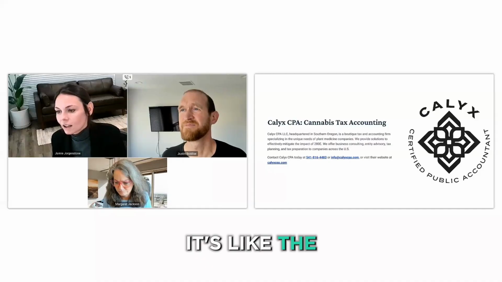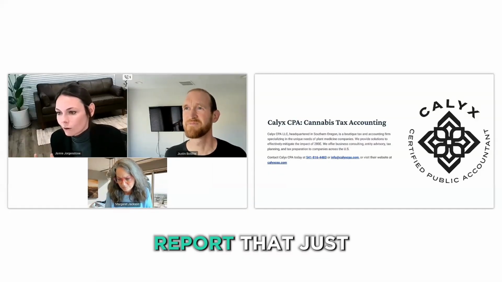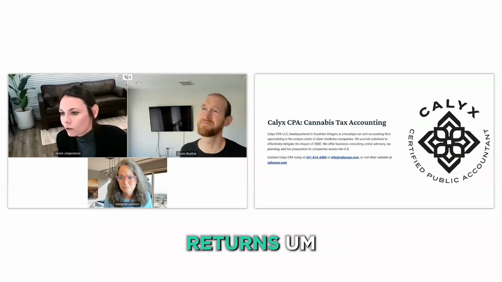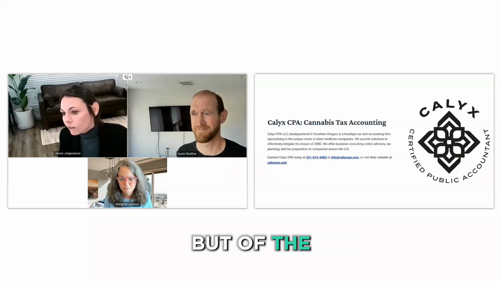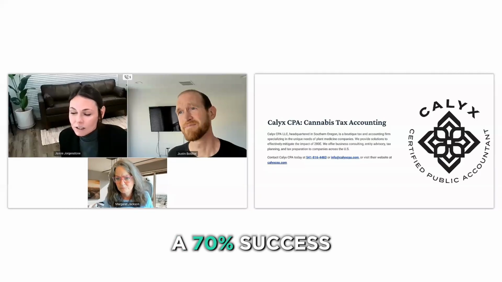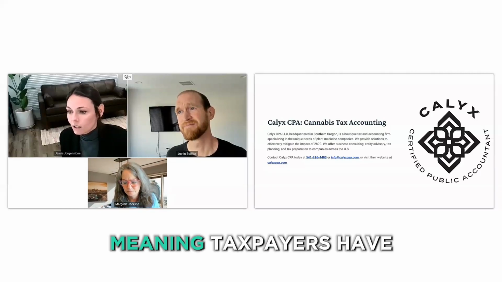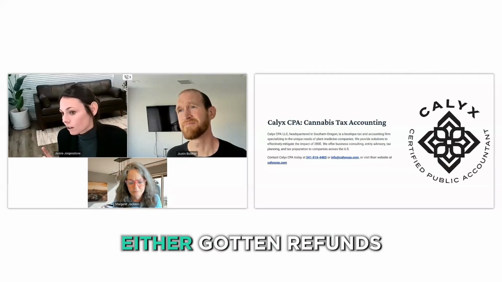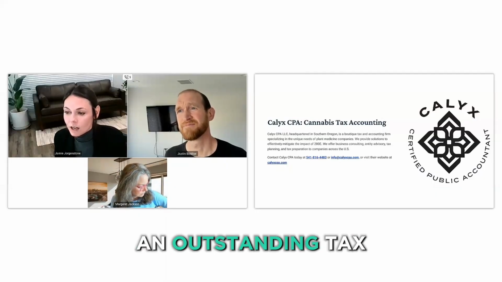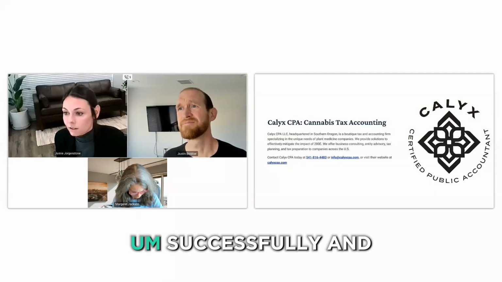There was a report that just came out: 13 months is the average processing time for amended returns. But of the 50% or so that have been processed, we've had about a 70% success rate, meaning taxpayers have either gotten refunds back or have reduced an outstanding tax liability successfully.